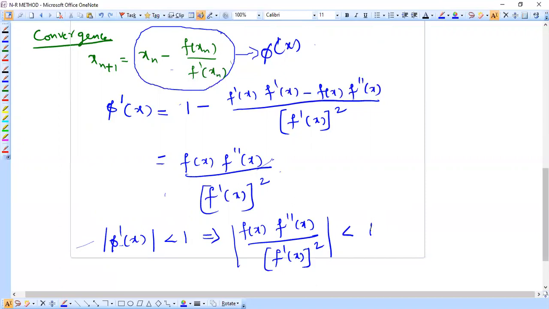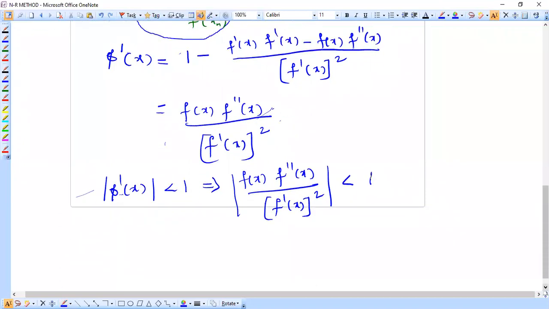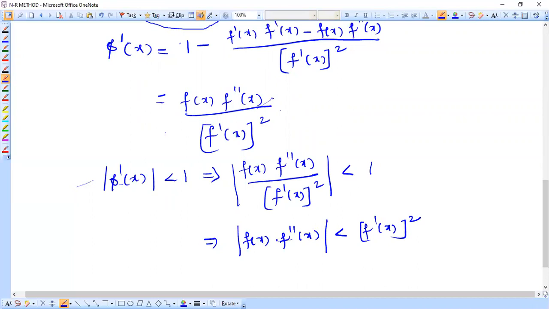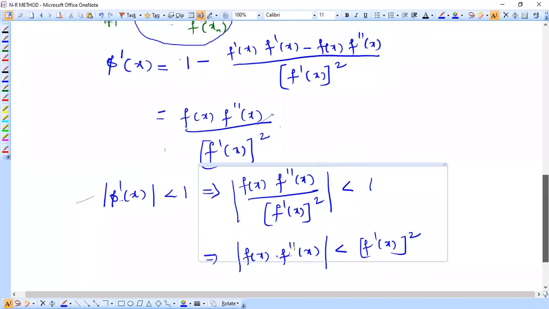And this leads to our convergence condition, which is modulus of f of x into f double dash of x less than modulus of f dash of x whole square, right? So this is our convergence formula.